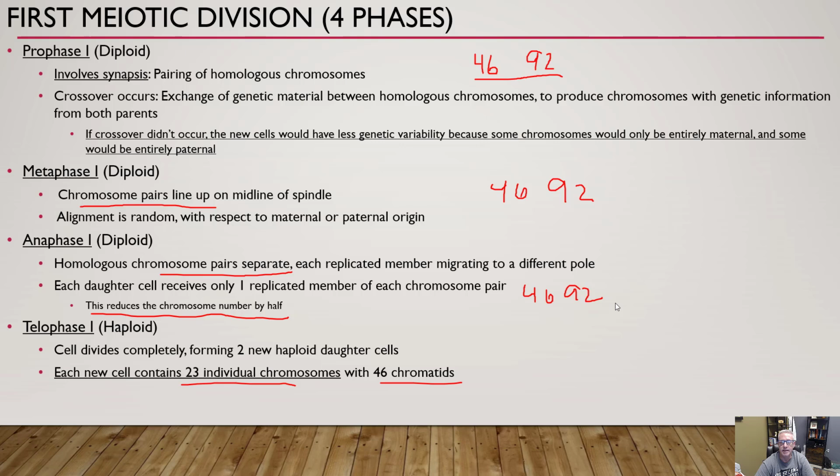But at the end of meiosis 1, once we split those cells, because we have split those cells, we've split the number of chromosomes. So now we're left with 23 chromosomes and 46 chromatids.